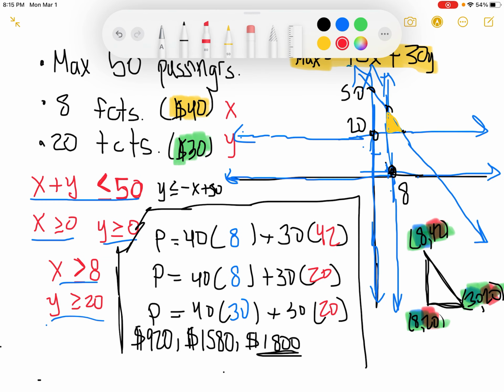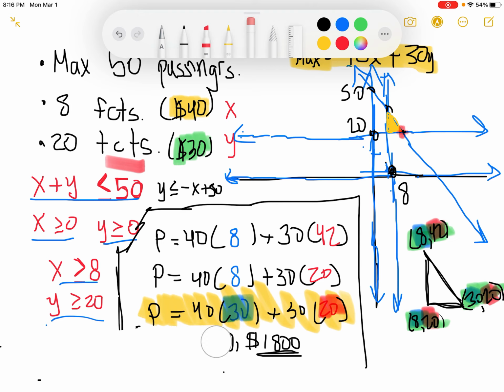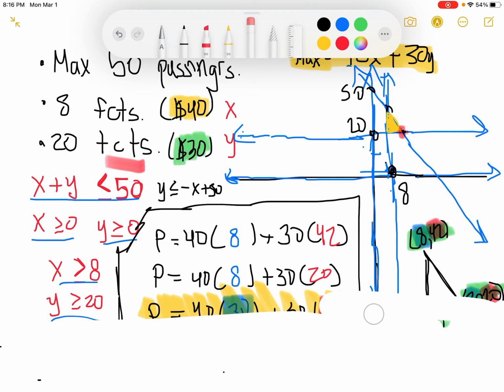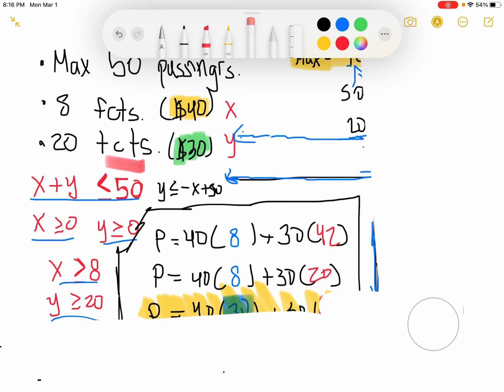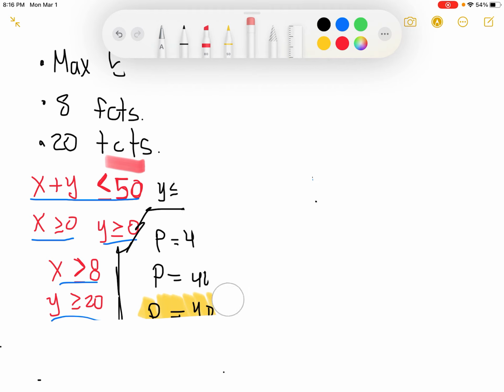So remember that this is our X and this is our Y. X was first class tickets and Y was tourist class tickets. So after we erase all of this, we can finally answer our question.